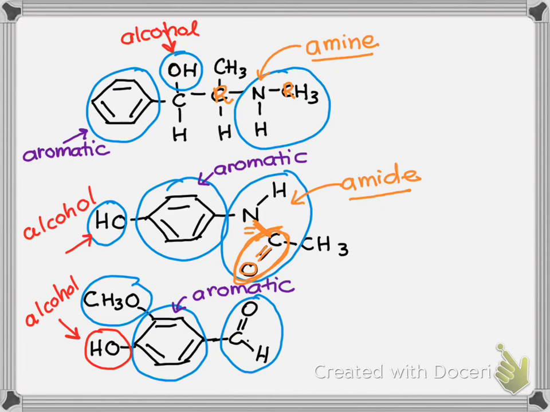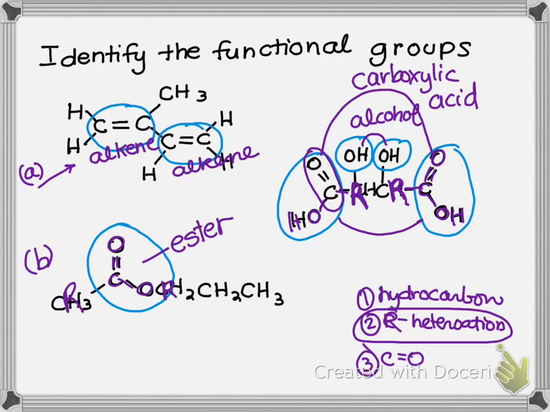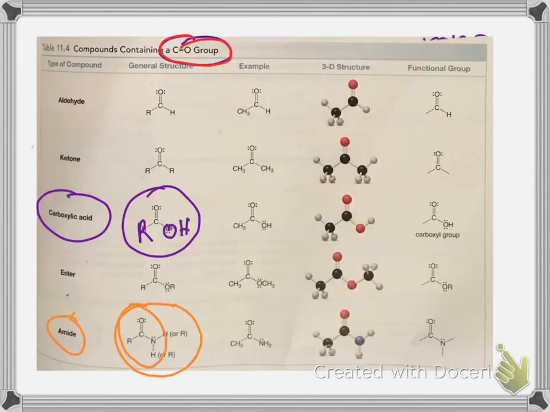So I think I have two more to name down here on the third one. So this guy, I see a C double bond O, so I know what table to look at. On this side I have R, and on this side I have H. So I need an R and an H. Okay, let me erase this.